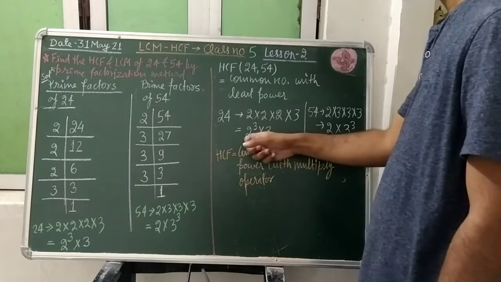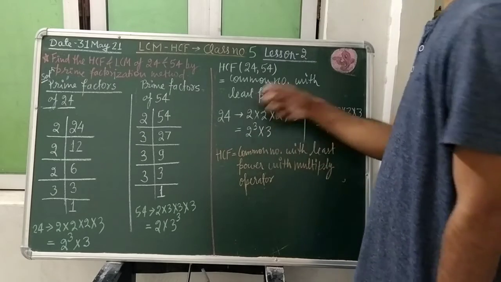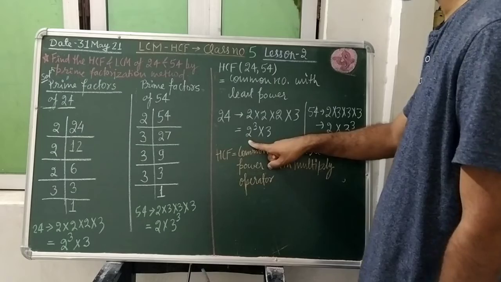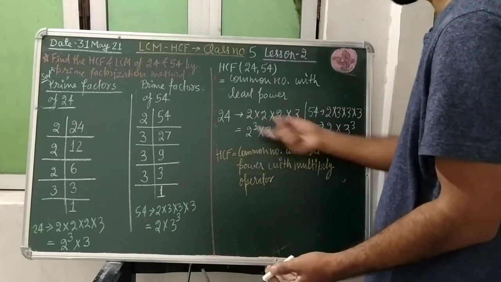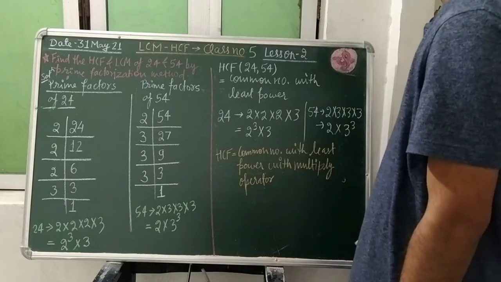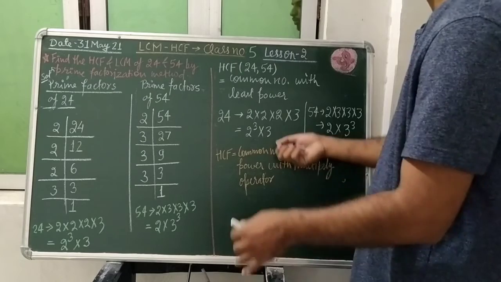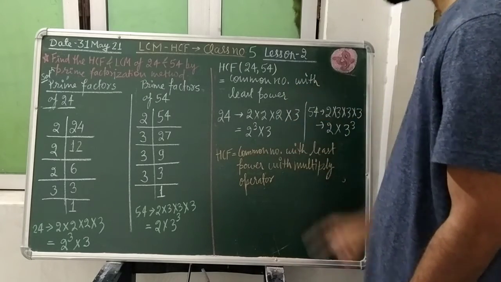So look students, here number 2 is present in this and in this as well. So 2 is common, 2 is present in 24, 2 is present in 54, 2 is common in both. And when we are talking about the HCF, we shall select the common number but with least power.